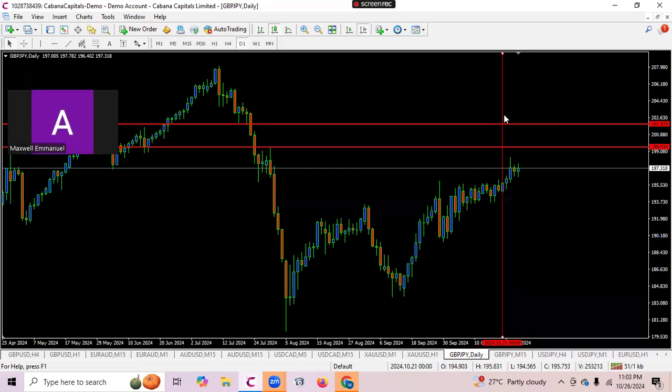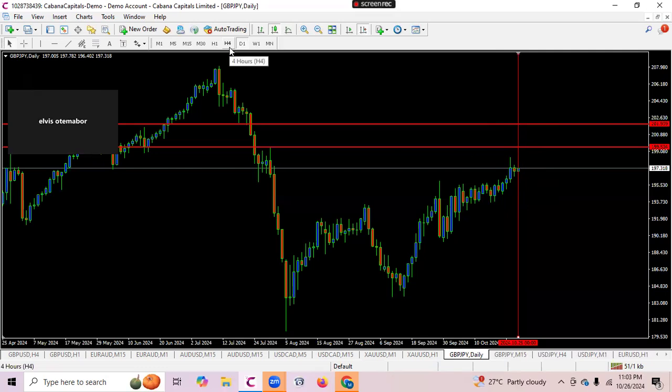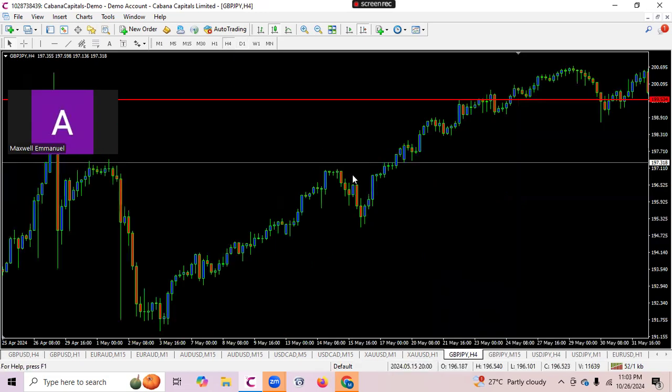This is the pattern we had on Friday, Thursday, Wednesday. This looks like a bearish reversal pattern on daily. After the formation of this bearish reversal pattern on the daily time frame, we need to go down to 4 hour, 1 hour, 15 minutes and ensure there is a shift in market structure on 1 hour or 15 minutes time frame. So let's go down to the 4 hour time frame.